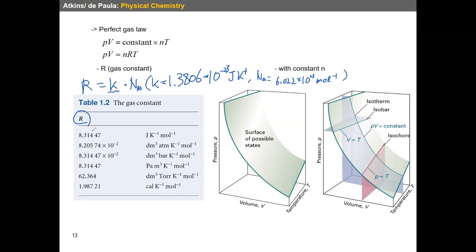That's why we have this value for the gas constant R.